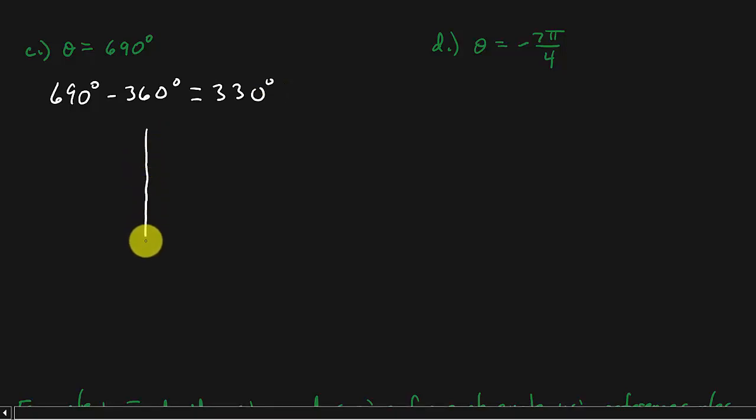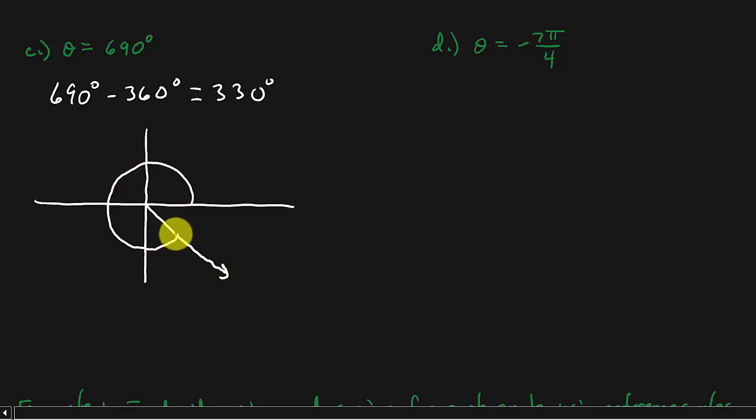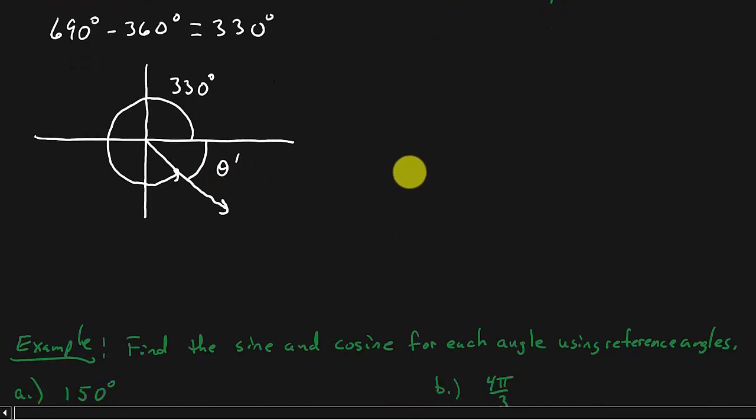So now let's draw this out. So 330 is in the fourth quadrant. This is 330 degrees, and here's my reference angle. Whoop, I'm sorry, I don't know why I wrote that. Getting ahead of myself, aren't I? All right. So now we got to figure out what's the reference angle.